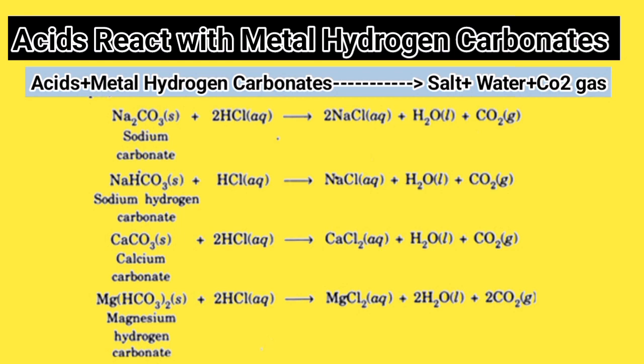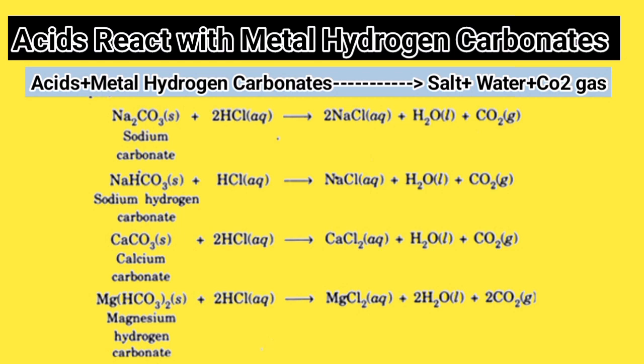Some examples of metal hydrogen carbonates are sodium bicarbonate and magnesium bicarbonate. These are the best examples of metal hydrogen carbonates. When metal hydrogen carbonates react with hydrochloric acid or sulfuric acid, salt is produced here also.